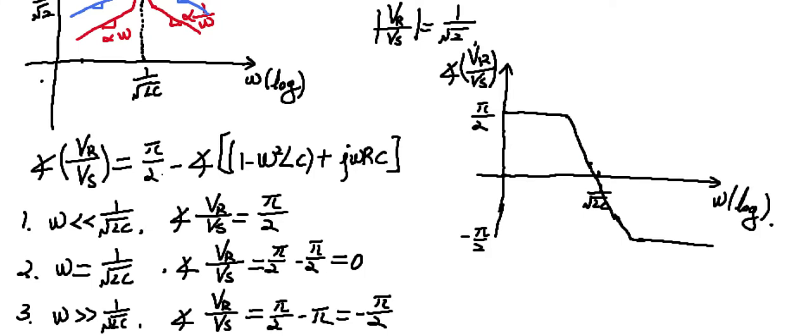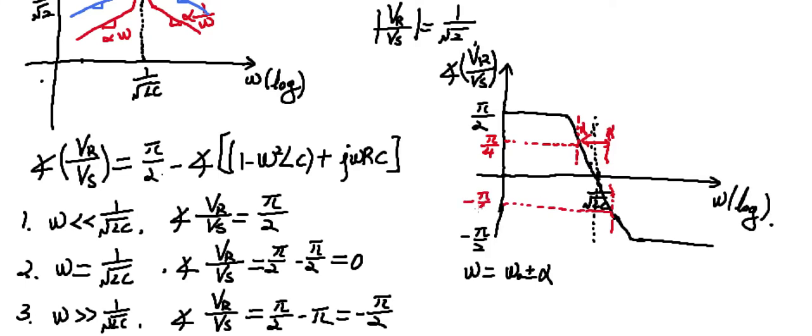One can also verify that when omega is equal to omega 0 plus minus alpha, again, when you deviate from the resonance frequency by plus or minus alpha, this is alpha, this is alpha, then your phase will become pi over 4 and minus pi over 4.